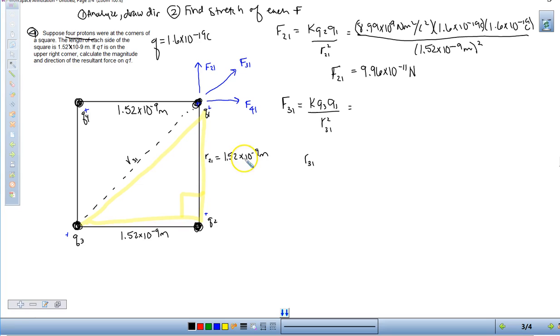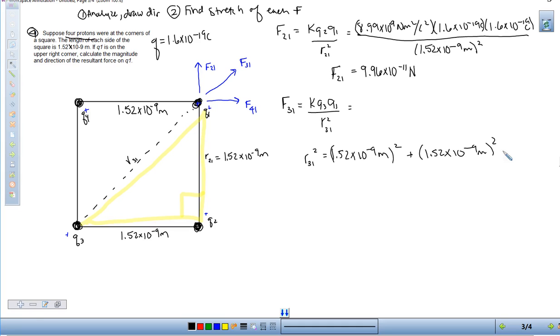I have one side, second side, I got to find that. So R3 to 1 squared is going to be 1.52 times 10 to the negative 9th meters squared, plus the same number squared like that, e to the negative 9th squared, plus the same thing. And then to get that by itself, I need to square root.